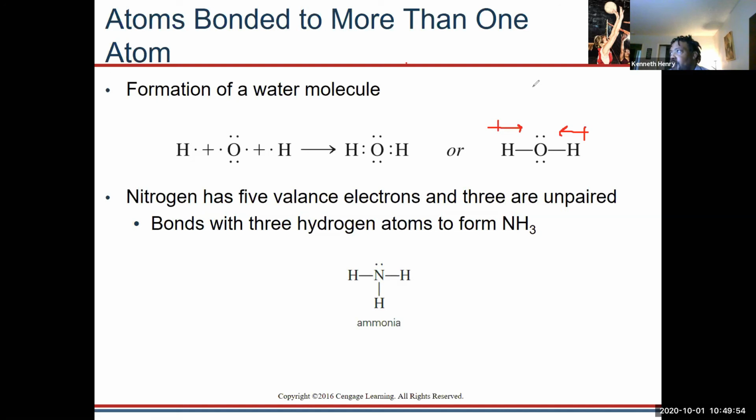In all honesty, this is the way it's going to look. That means that the overall dipole moment is going to be additive. Everything is going towards that oxygen.